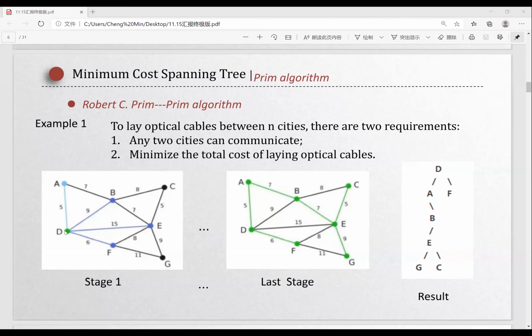Here you can choose D as the starting point and choose A as the minimal cost connected to D in the set of optimal vertices. In the set of optimal vertices, the minimal cost of choosing D or A is F. Repeat the above process until all vertices are selected. The resulting minimal spanning tree is shown in the figure.